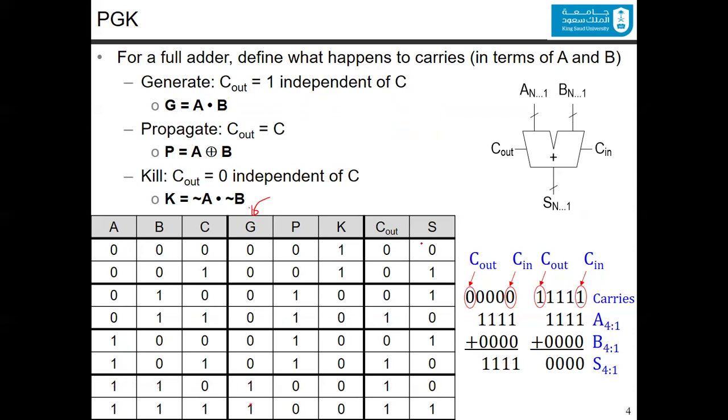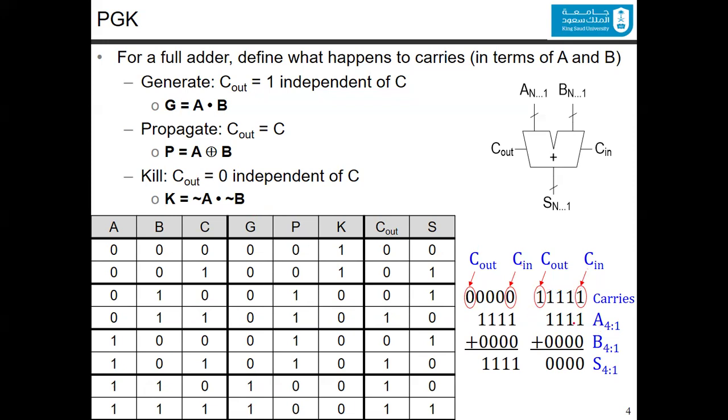For the propagation, this is a better example. Whatever you're carrying, whether it is 1 or 0, the 1 is more obvious. So if you have a carry in equal to 1 and you have A and B, A is 1 and B is 0, or vice versa, then the result is going to be 0, and you are propagating this carry to the next stage. Same idea, you propagate to the next stage until you find it in the carry out.